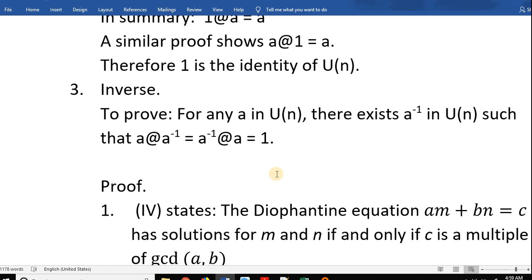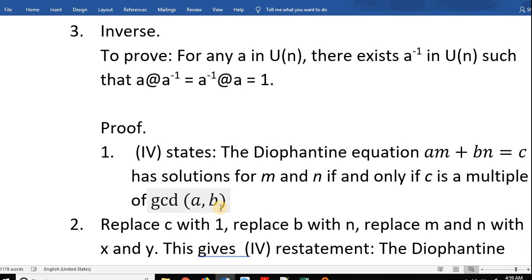All right, so remember, we're trying to show inverse. And we started with this fact that was one of the givens in the problem, that the Diophantine equation has solutions for m and n if and only if c is a multiple of GCD of a and b. Now, in order to apply this fact, we had to replace letters.